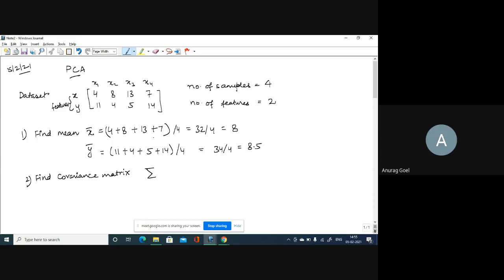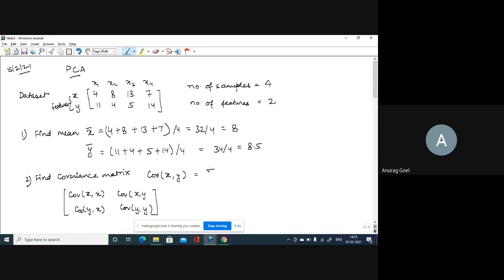The covariance matrix is like covariance of x comma x, x comma y, y comma x, and y comma y.